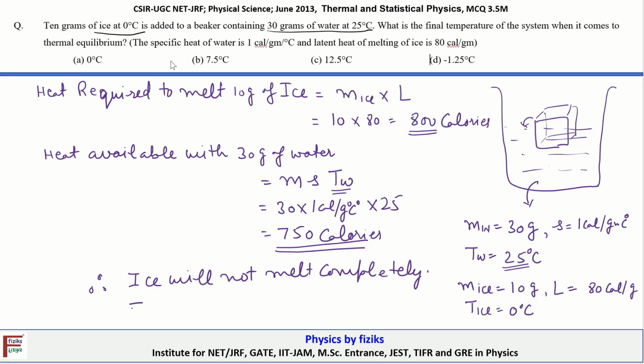This implies that the temperature of the ice-water system, where the requirement is 800 calories whereas the available energy is 750 calories, will be at 0 degrees Celsius. So therefore option A is correct.